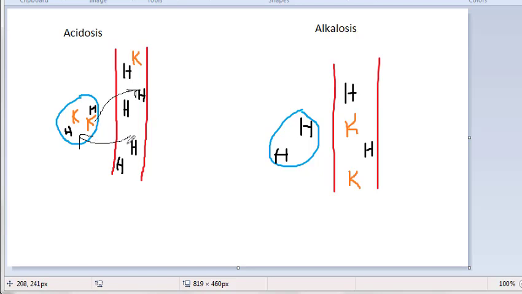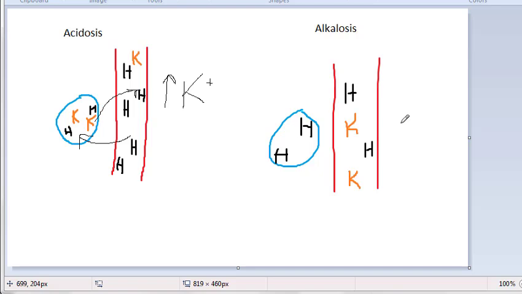So the hydrogen goes in to try to even things out, but when it goes in, there's not enough room and it kicks out some of the potassium. So what happens then, your potassium level in your bloodstream goes up. Therefore, acidosis, high level of acid, equals high potassium.